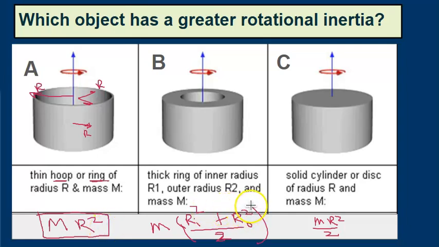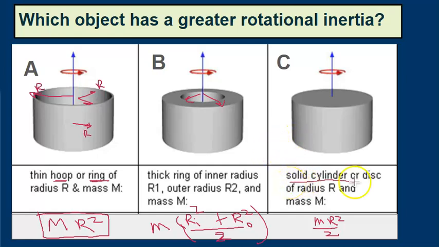This is kind of cool. It's kind of hard to read, but this is all of the mass times the quantity, inner radius squared plus outer radius squared, over 2. So this is I and O for inner and outer. So that's how we will calculate the rotational inertia of the toilet paper when we do that lab.